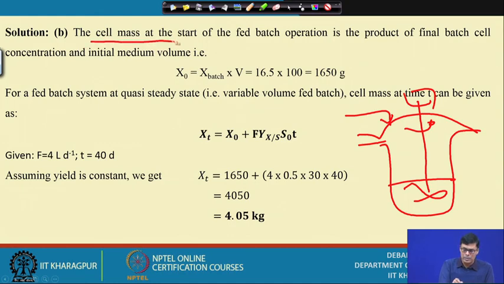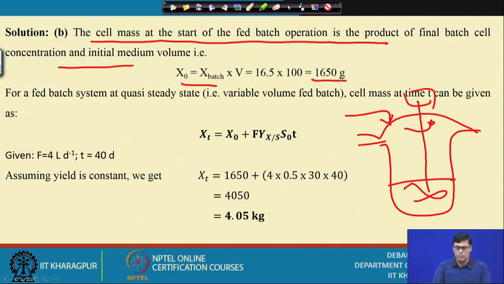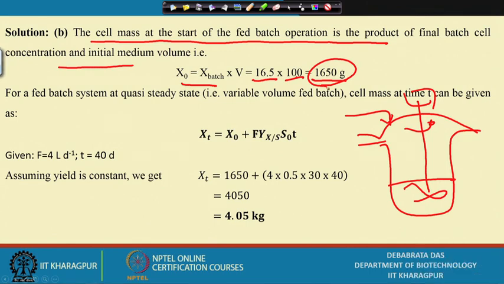The cell mass at the start of the fed batch operation is the product of the final batch cell concentration, X batch, and the volume. Concentration is mass per unit volume, so this is gram per liter, and this is 100 liters. If you multiply that, we can find the initial amount of cells present after the ending of the batch process.